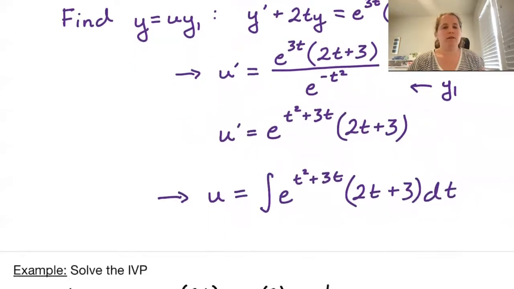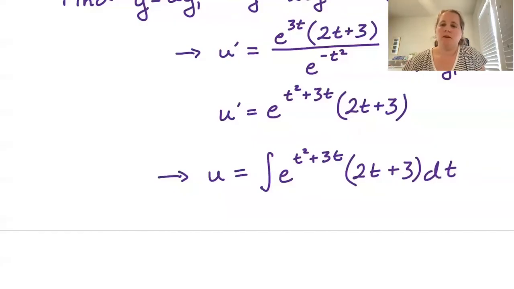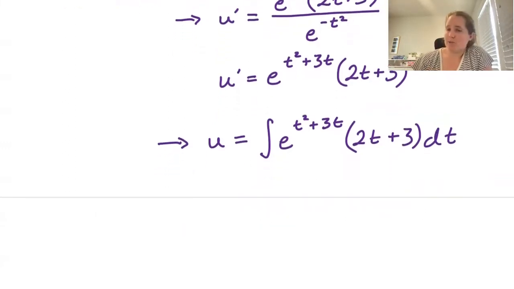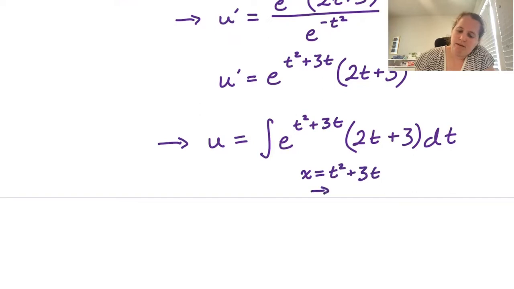I need to give myself a little more room. This winds up perfectly being a u substitution problem, except since we already have a u involved, I would use something other than u. So let's set x equals t squared plus 3t. Then we have that dx is 2t plus 3 dt.